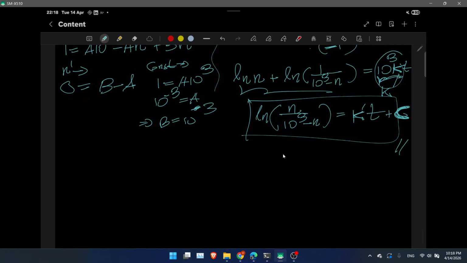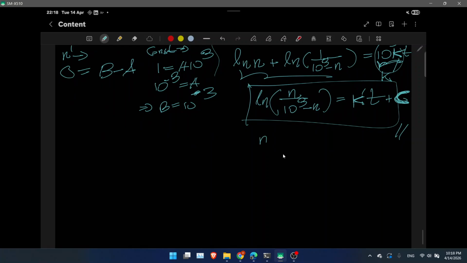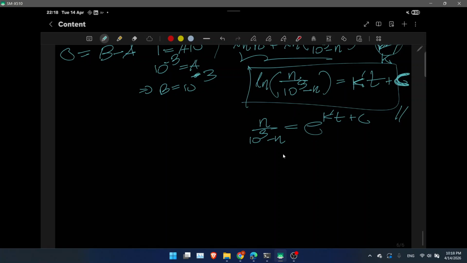To simplify this further, we can write n over (10 to the power 3 minus n) as e to the power (k dash t plus c), and we can rewrite this: n is equal to 10 to the power 3 times e to the (k dash t plus c) minus n times e to the (k dash t plus c).